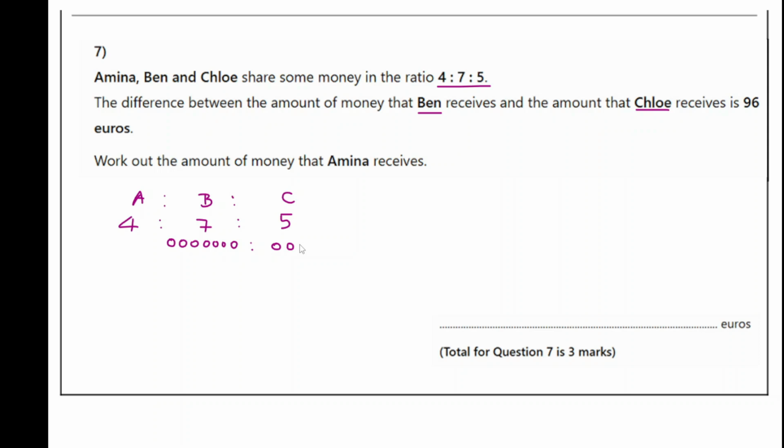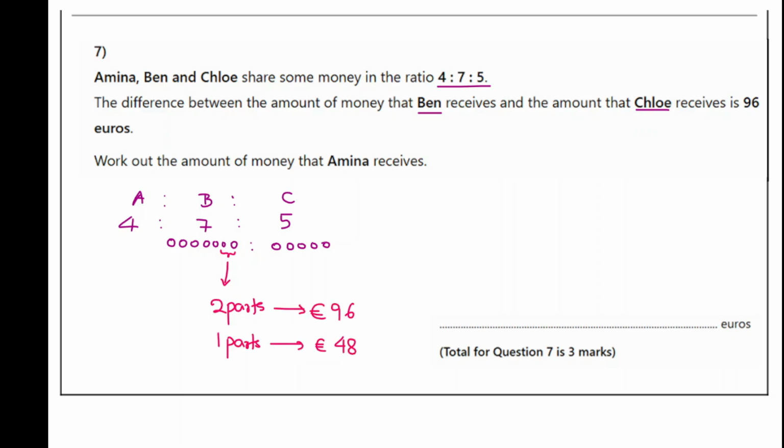Now when you compare these two, you can clearly see that Ben gets 2 parts extra when compared to Chloe. Now, the difference is 96 euros. So these 2 parts must be the 96 euros. Obviously, then one part must be half of 96, which is 48 euros.